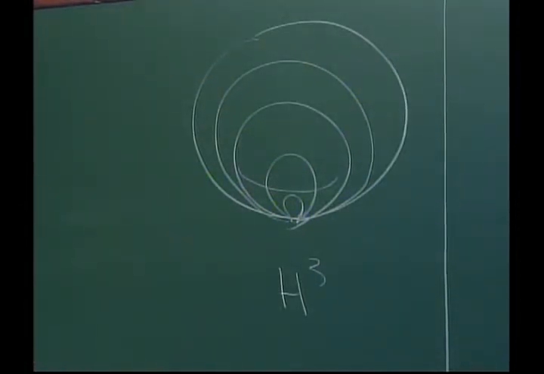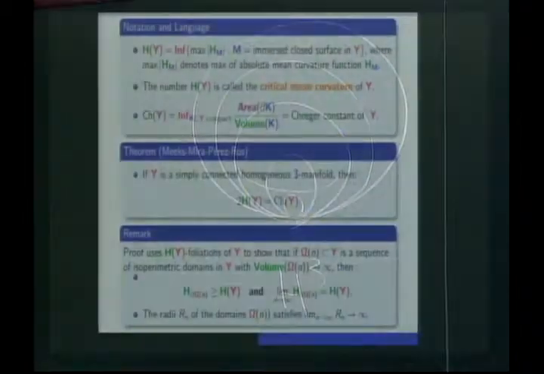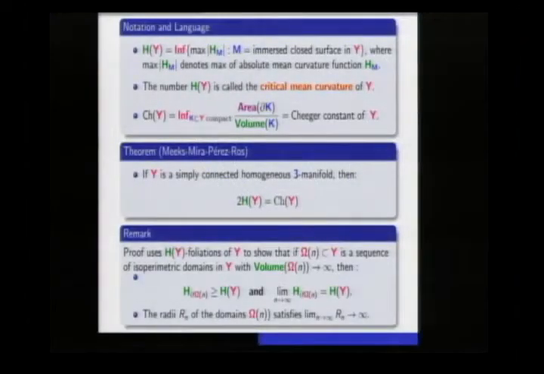And basically you prove that if you're R3, you always get one of these, somehow a nice foliation of the simply connected 3 manifold by these surfaces, and that helps you prove things about the manifold.